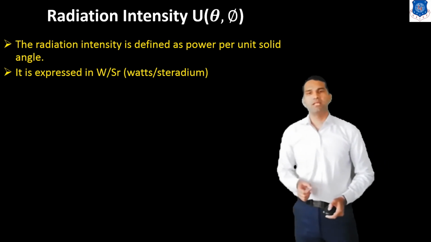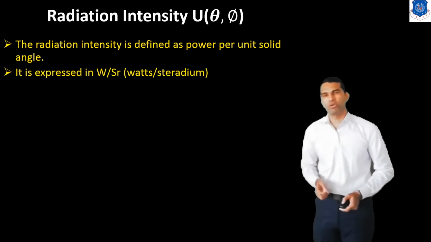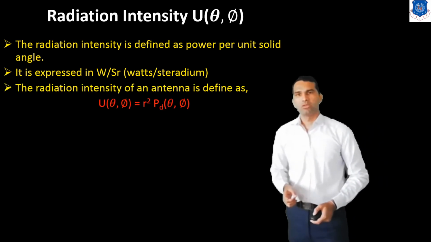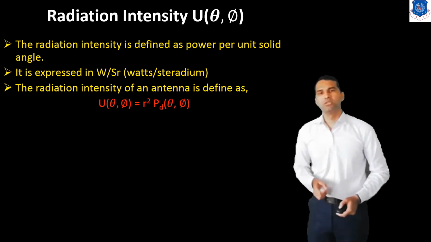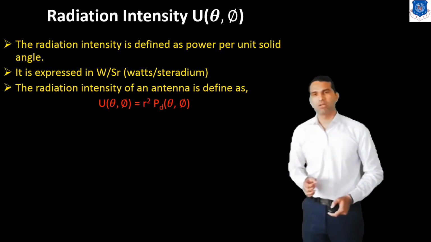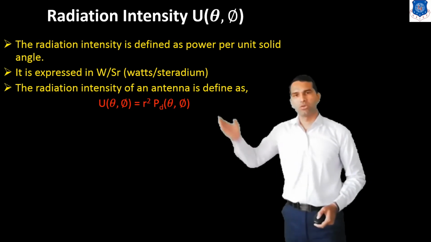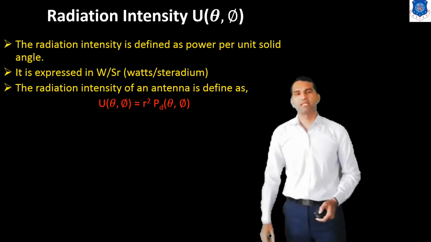It is expressed in watt per steradian. The radiation intensity of an antenna is defined as U(θ,φ) equals r square times P_D(θ,φ). So this is the equation for the radiation intensity.